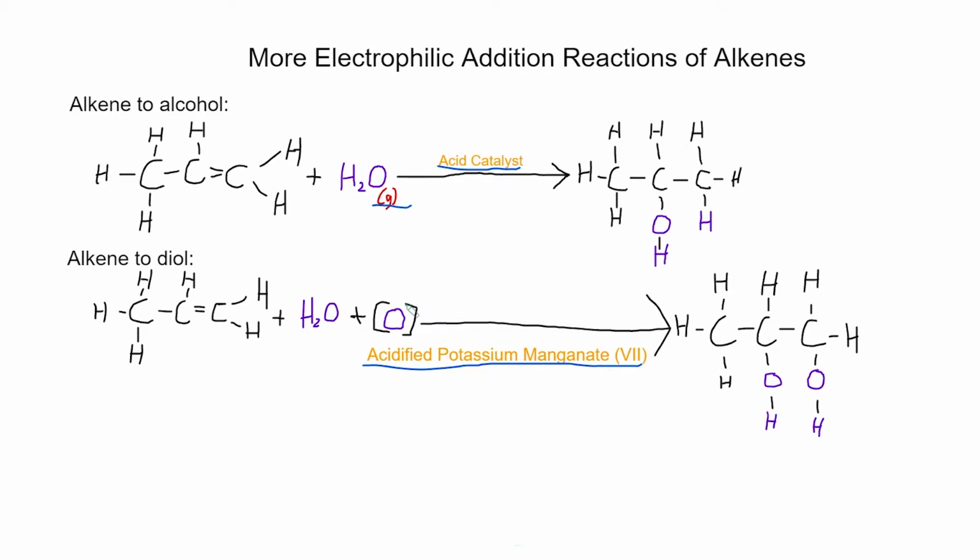Because the potassium and manganate do not actually react though, they are technically catalysts and we do not write them in the reaction's equation. But they are still supremely important, and you must bury into your memory that an alkene plus acidified potassium manganate 7 produces a diol, a molecule with two OH functional groups.